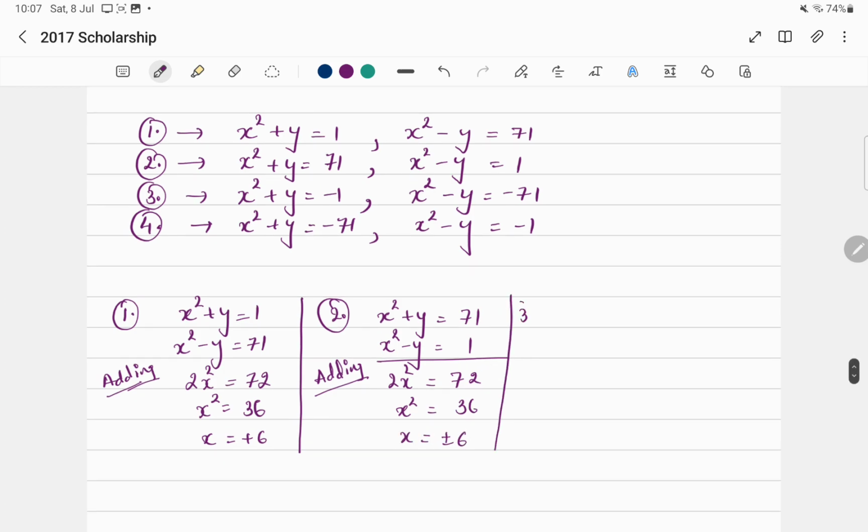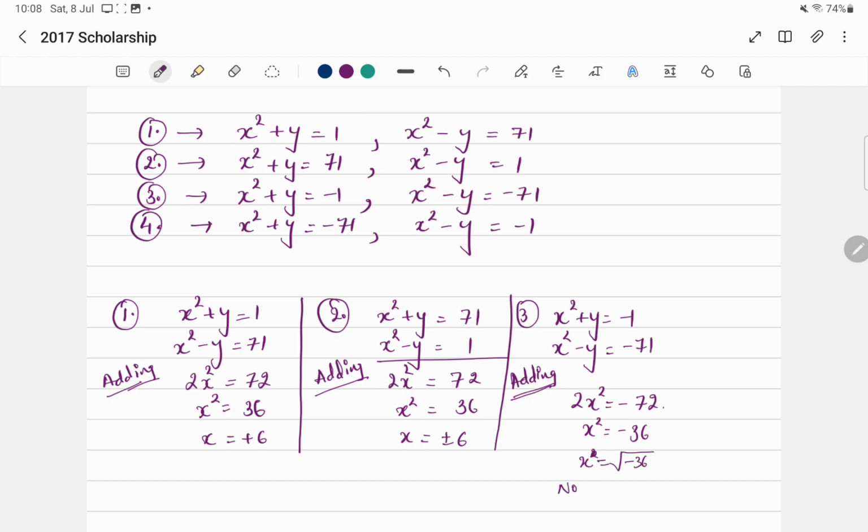Let's do the third one now. They're slightly different. It is x squared plus y equals minus 1, x squared minus y equals minus 71. Adding them gives 2x squared equals minus 72, so x squared equals minus 36, and x would be the square root of minus 36, which has no real solutions.